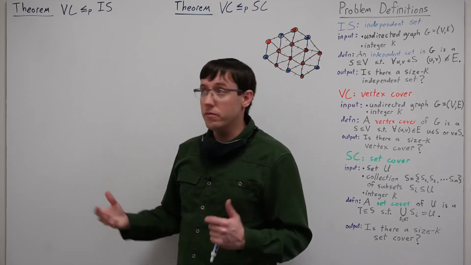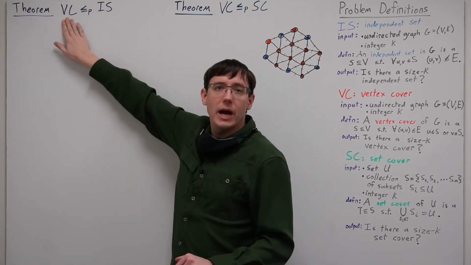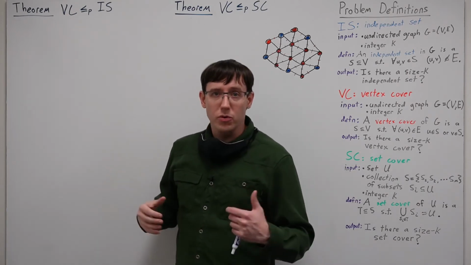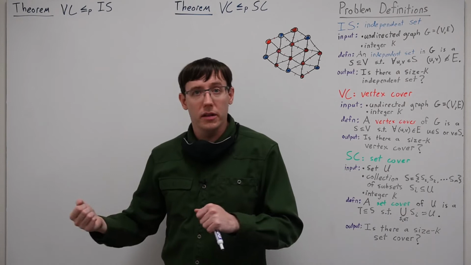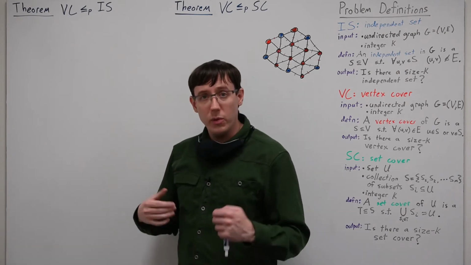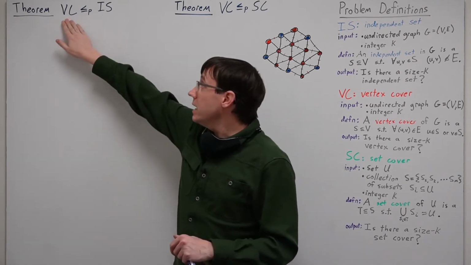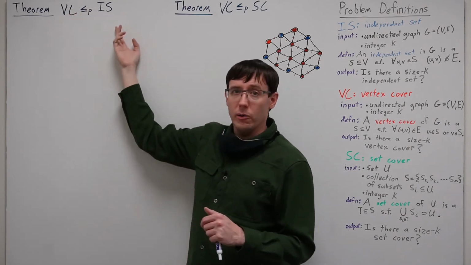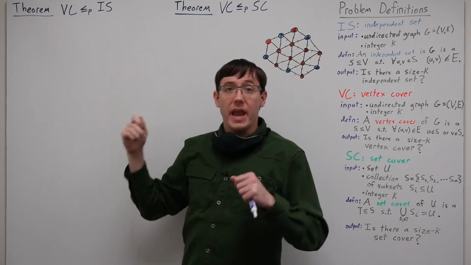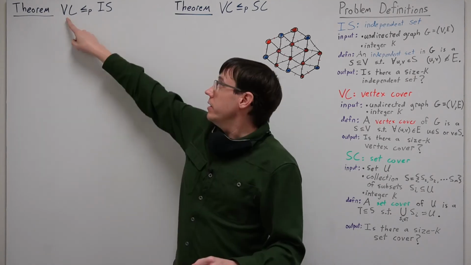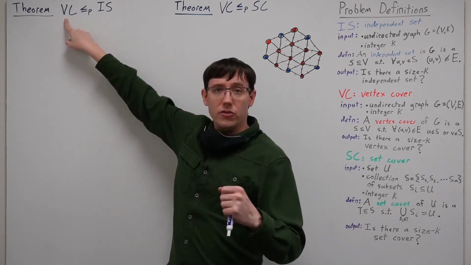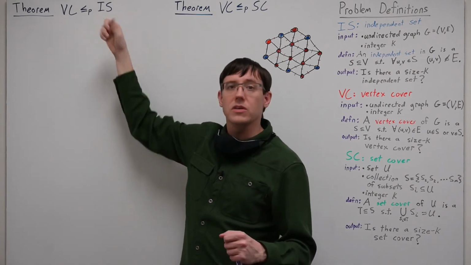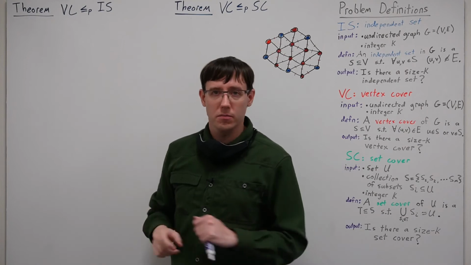First, we have to give an algorithm that translates our source problem into our target problem. Then we have to prove that our algorithm runs in polynomial time. And finally, we have to prove that for any instance of our original problem, when we run it through our translation algorithm, the answer is preserved. The original instance had an answer of yes, if and only if the translated instance has an output of yes.